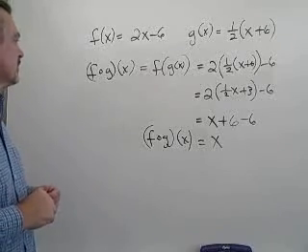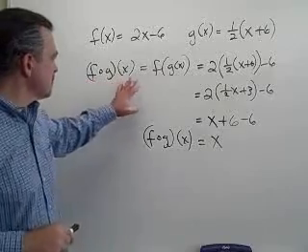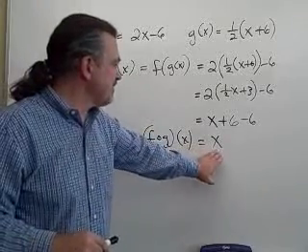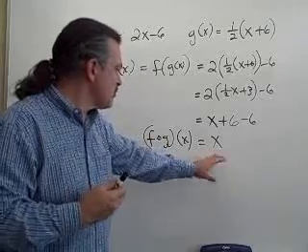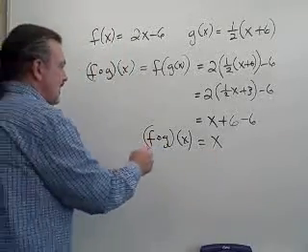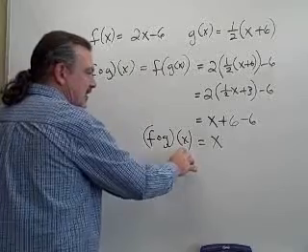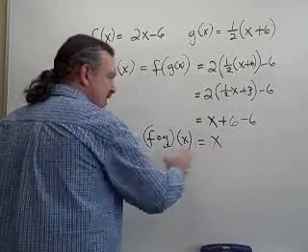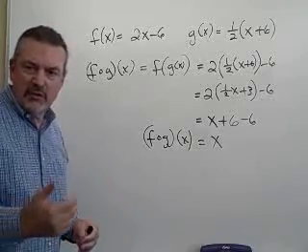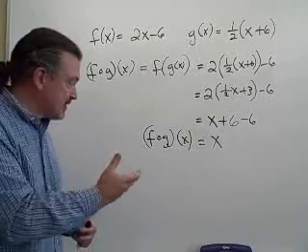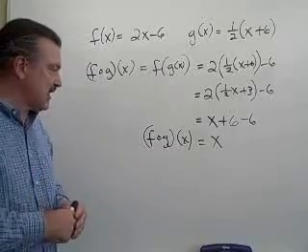Well, that's kind of interesting. F composed with g of x simply gave us the value x, whatever you put in. That means whatever you put in here, its value is going to be that same value. So that would create ordered pairs where the x value and the function value were the same.